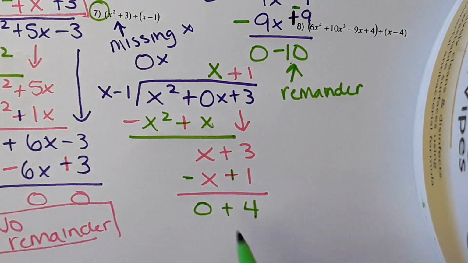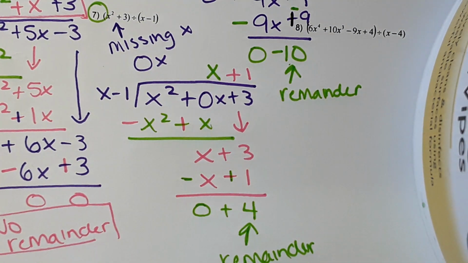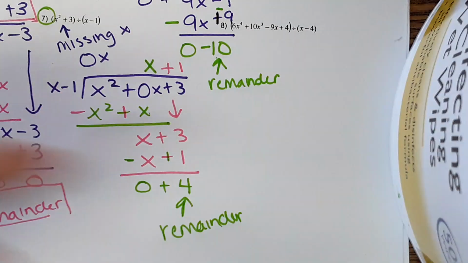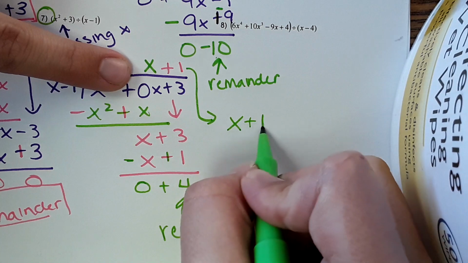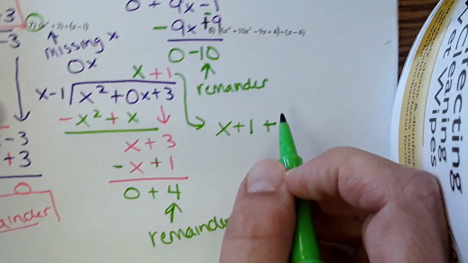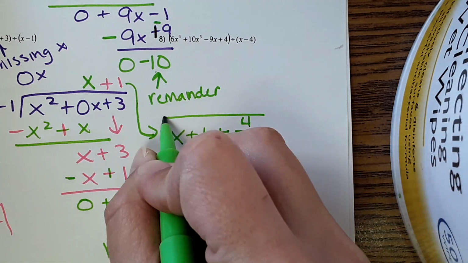And then there's nothing else to bring down, so this is a remainder. Write this over here. x plus 1 plus the remainder over x minus 1.